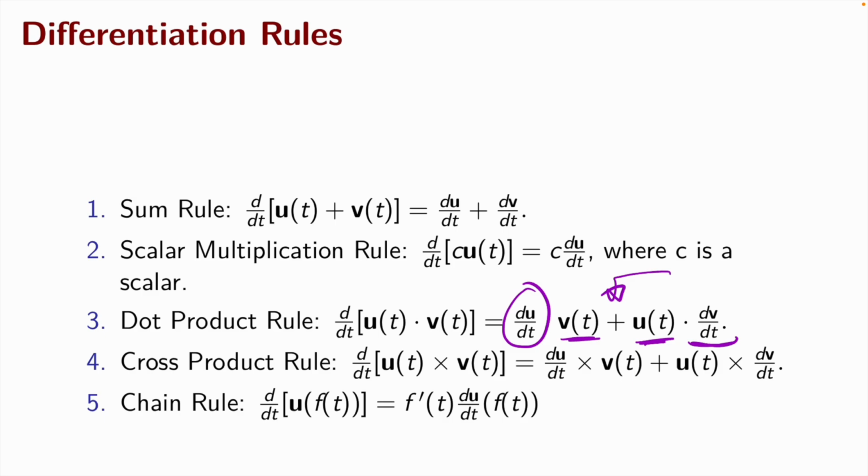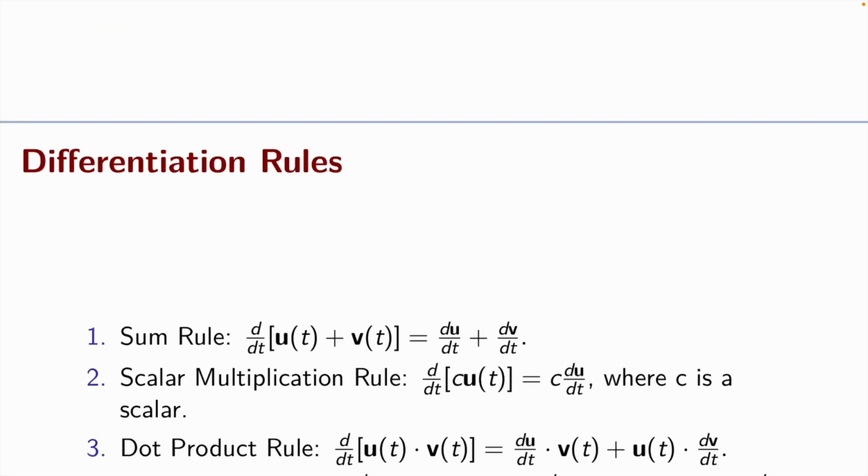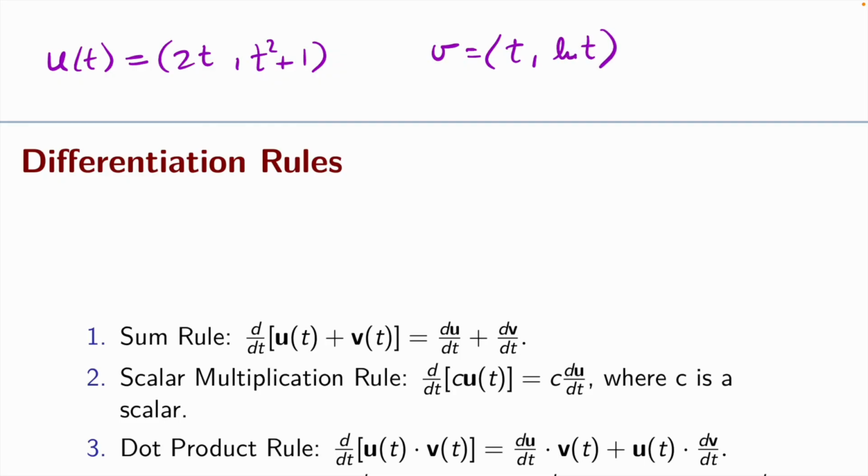So let's use the dot product as an example. Let's say that we have the functions, let's call u the function that we used to have before, that was (2t, t squared plus 1). And let's say that we have another vector value function, v, whose first component is t and whose second component is, let's say, the logarithm of t.